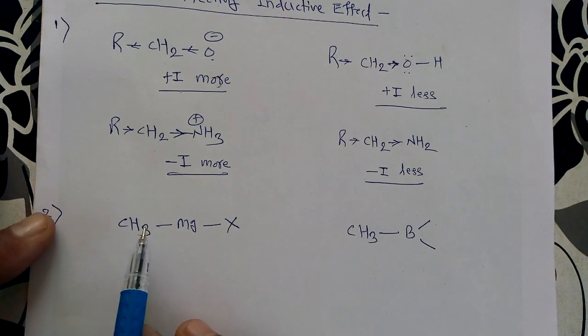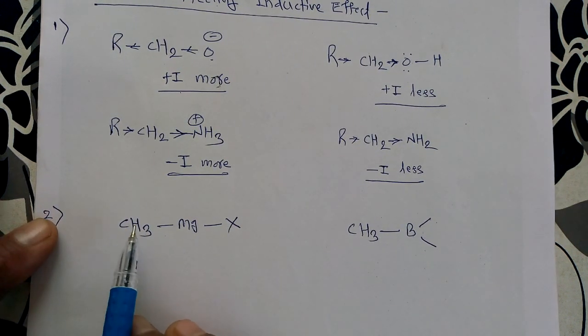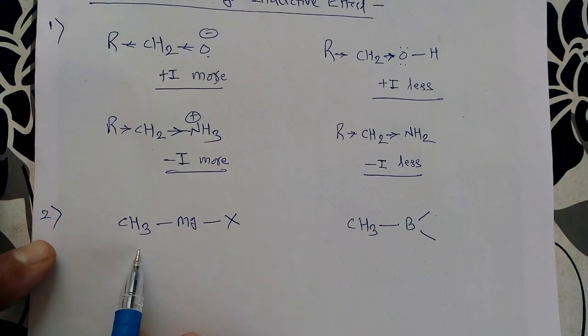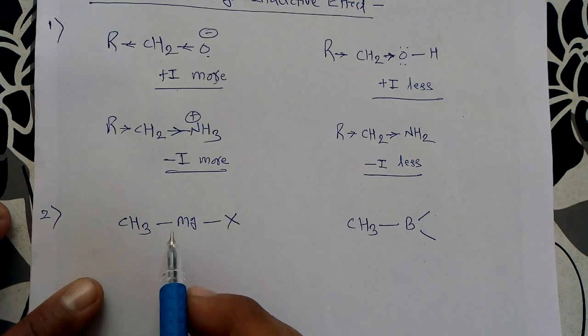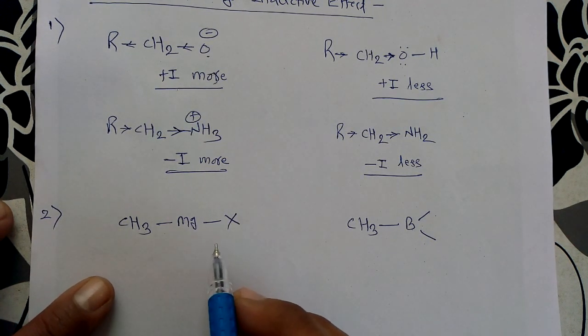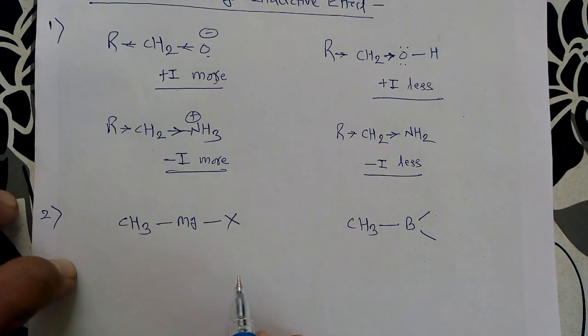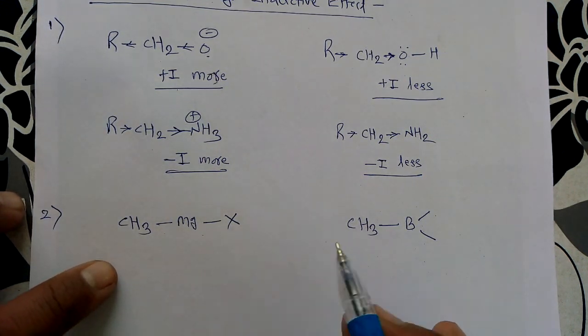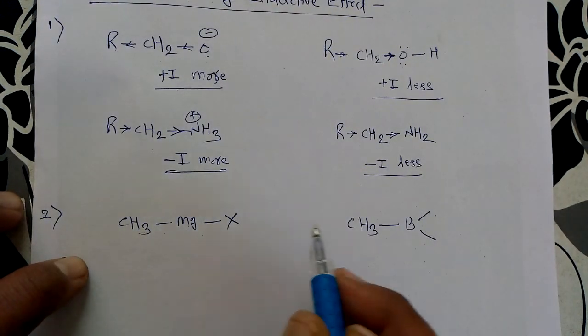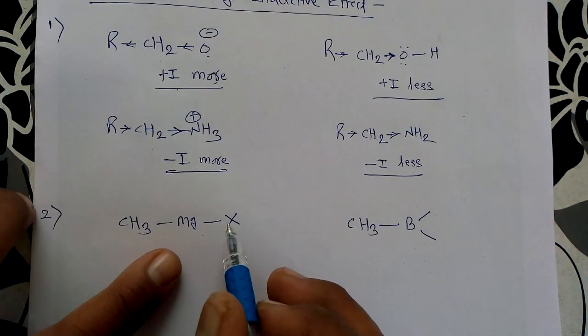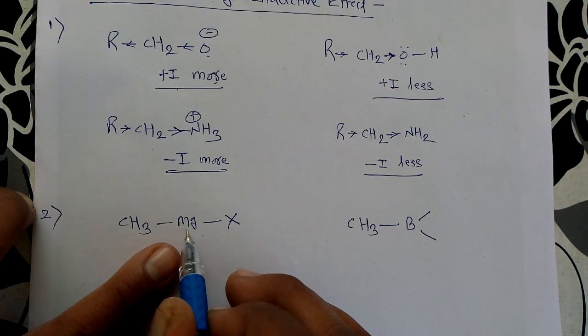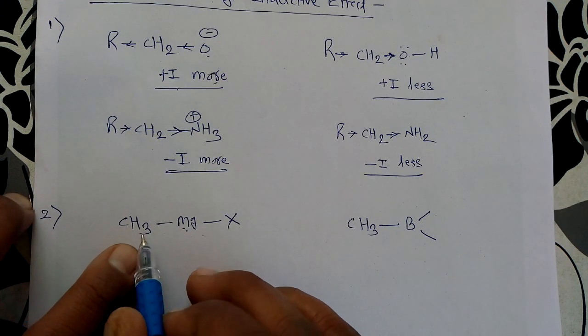Now the second factor which is important, so what is that second factor? The electronegativity of atom: if the electronegativity of the atom decreases, the plus I inductive effect goes on increasing. In this case what happens? This heteroatom is attached to this magnesium, and this magnesium is attached to this particular carbon.